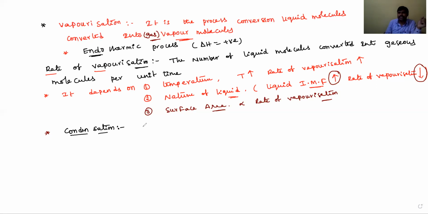Condensation is the process of vapor molecules, or gaseous state molecules, converting into liquid molecules. The gaseous state molecules are converted into liquid molecules. So that is called the condensation process.